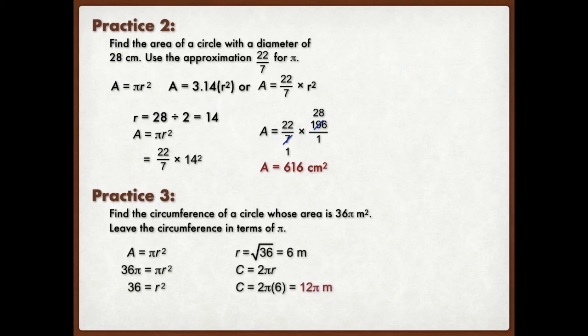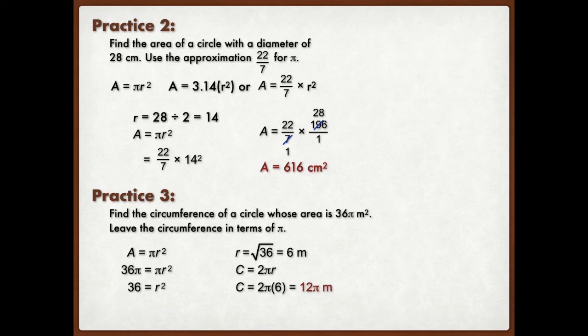A equals pi times radius squared. The area is 36 pi, and that's going to be 36 pi equals pi radius squared.